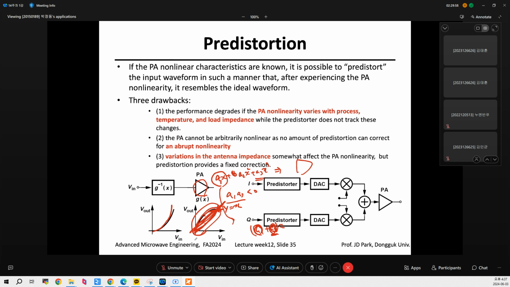The third one is antenna impedance. If antenna impedance is varying, then it will affect power amplifier performance, but this predistortion mechanism does not take that into account. That's the problem of predistortion.